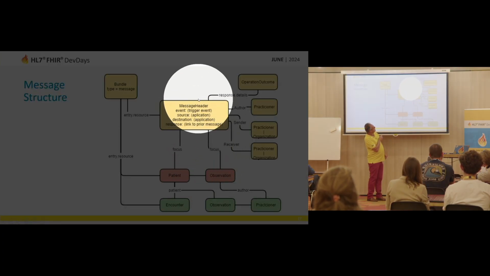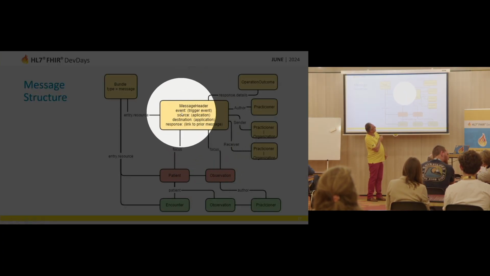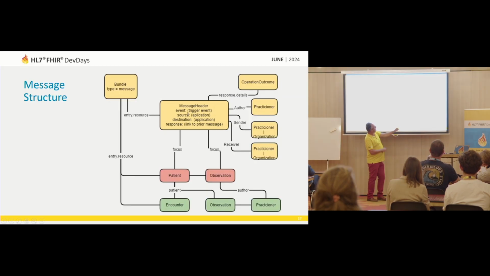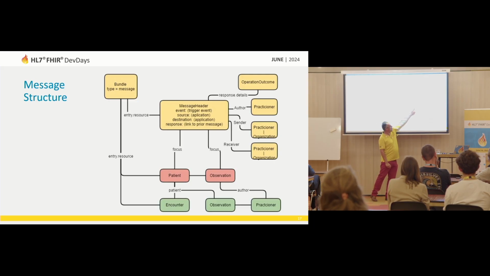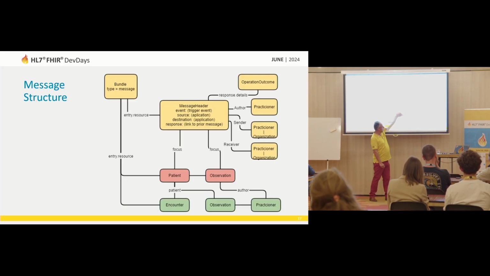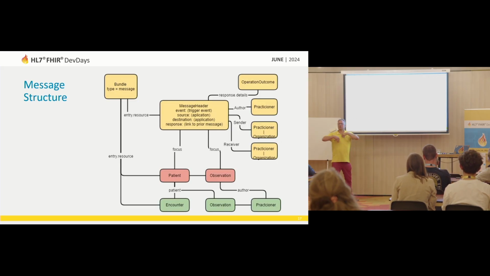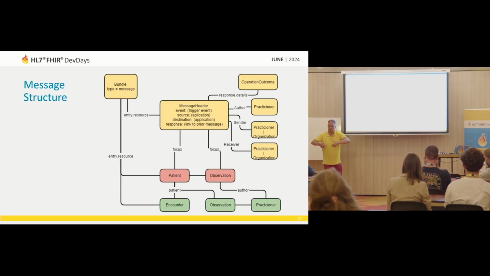So that could tell me this is a new lab result, then there is a reference here called focus that tells me, well, this is the new lab result. There could be other observations in there, but those are old lab results. But the new lab result is the one that is in the focus, so that's here. And it's a rich set of data because we are allowing the receiver to decide what they're going to process and if they're going to process.